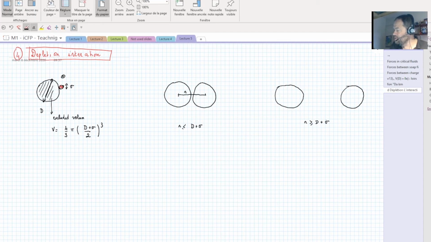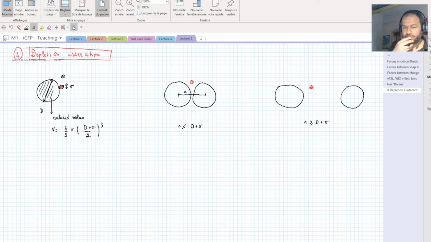So what situation gives the big excluded volume for the small particles? The second one. Okay, so here I agree. We have a reduction of the excluded volume.